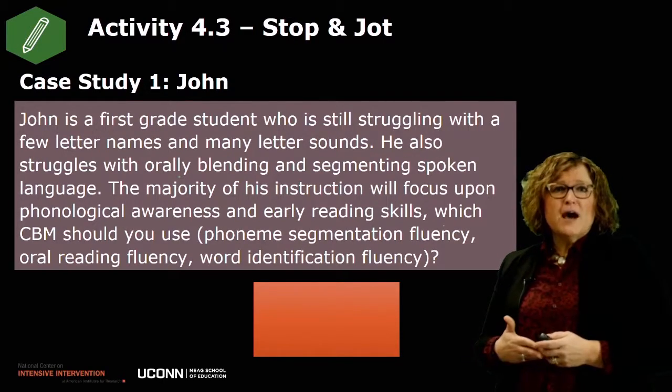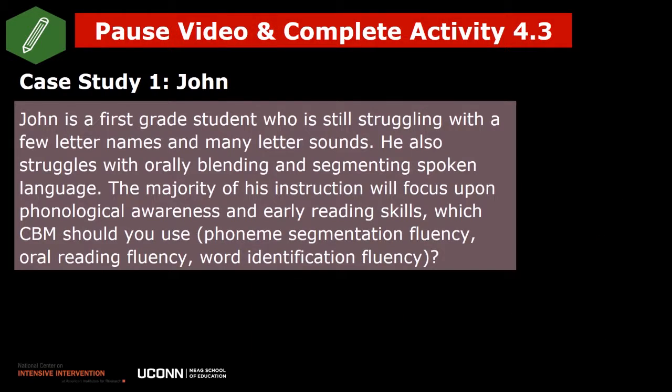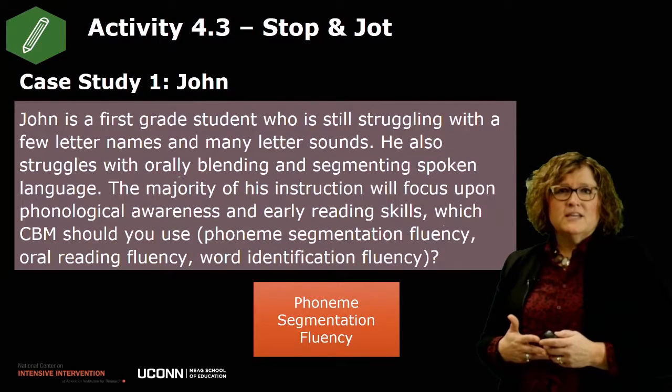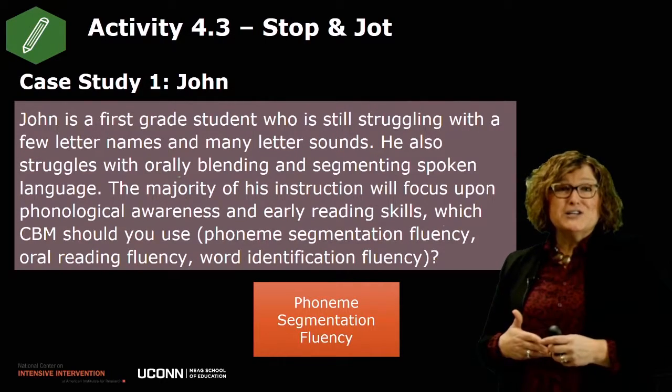So I want you to stop for just a minute and think about which CBM should you use. So if you suggested phoneme segmentation fluency, that's probably a good choice.